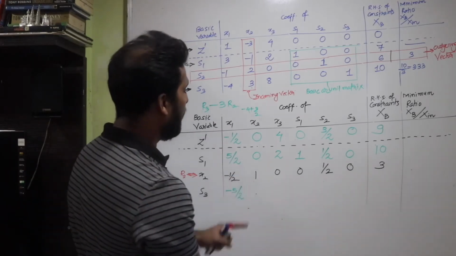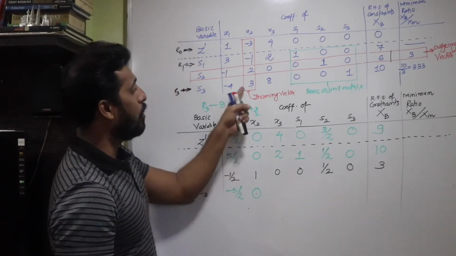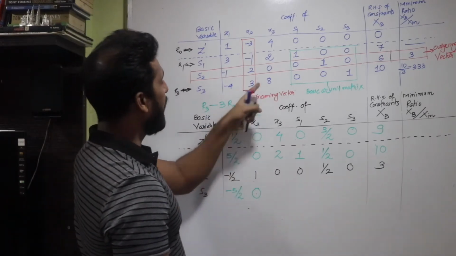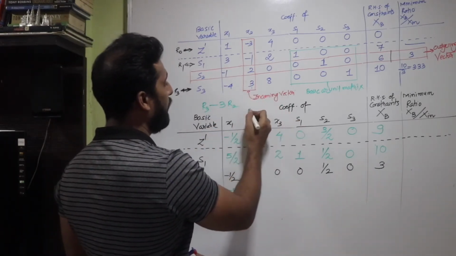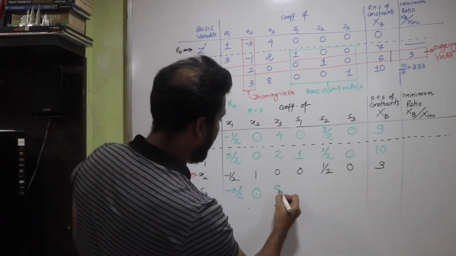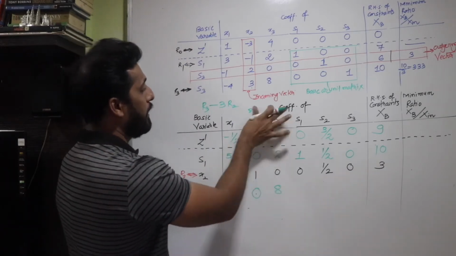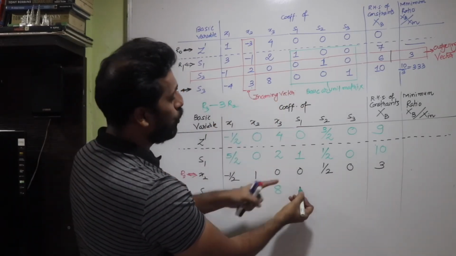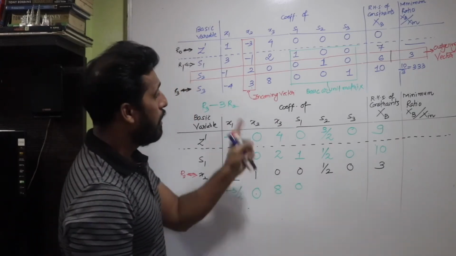So -8 plus 3 gives me -5/2. Then the next value is obviously going to be 0 because it was 3. Then minus of 3 into R2 became 0. Next value is 8, so I'll write 8 at the beginning. -3 into R2 is 0, so I'll be getting 8 here. Further, next value is 0, so I'm going to write 0. R3 is 0, R2 is also 0, so I'm going to get 0 here. Let's move ahead.